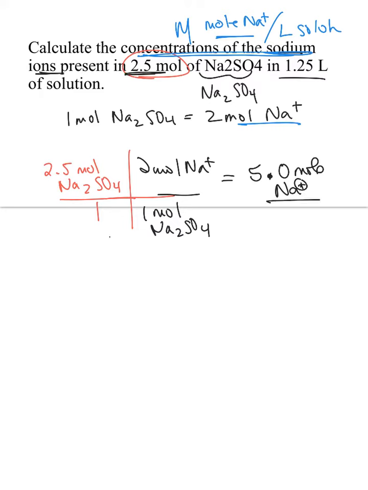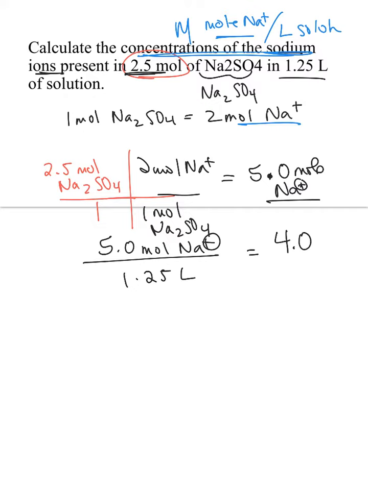And then we basically just take 5.0 mole of your sodium ions, and you're going to divide this by 1.25 liter solution, and that's going to be 4.0 big M, okay, of sodium ion. I just put aqueous because it's in water.